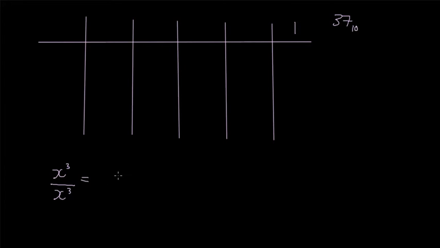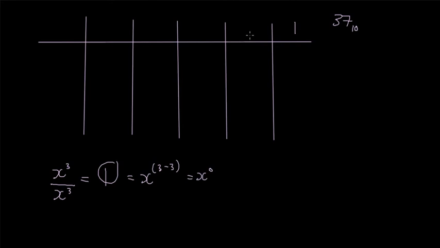Anything over itself is equal to 1, but also when you divide the same variable, what we do is subtract the power. So that is actually equal to x to the power 3 minus 3, which is x to the naught. So anything to the power naught equals 1. You can look that up for yourself, but pretty much that's a quick way of proving it.